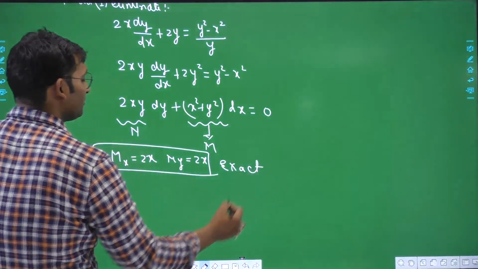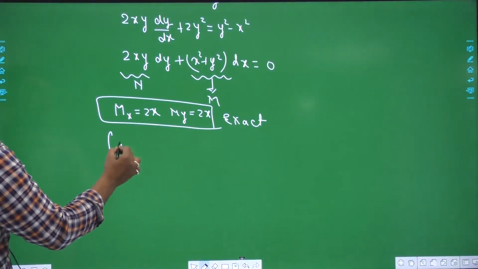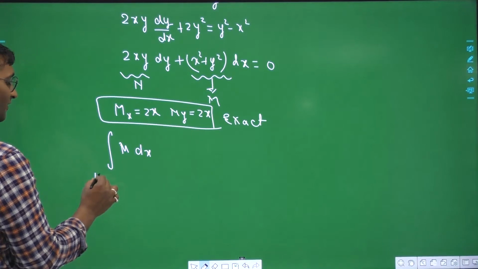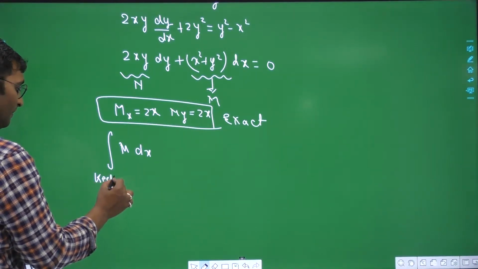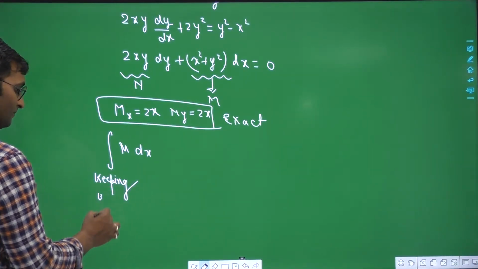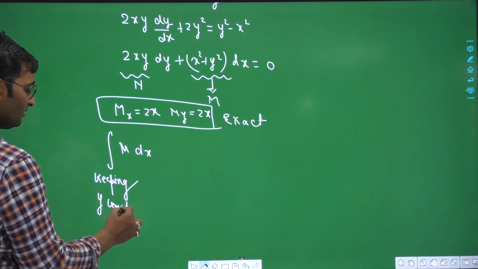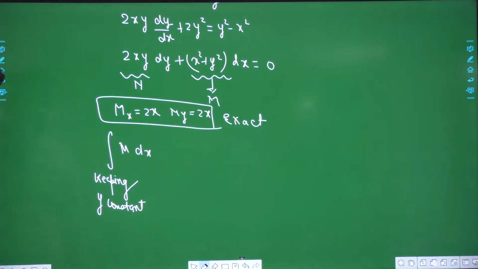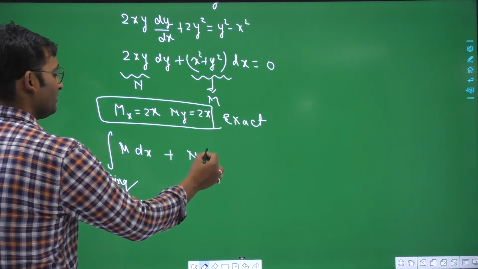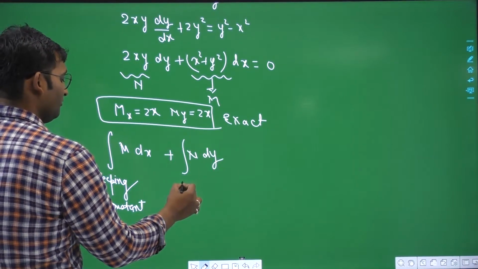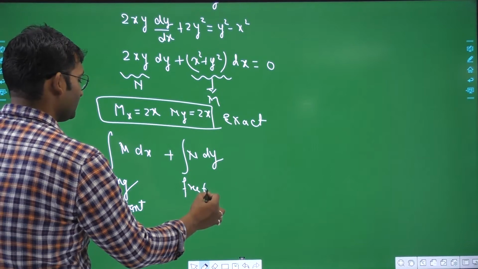So how do you do the questions in exact form? You simply integrate M dx, keeping y constant, and you integrate N dy of all those terms which are free from x.